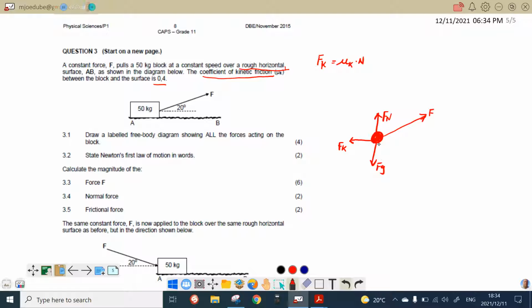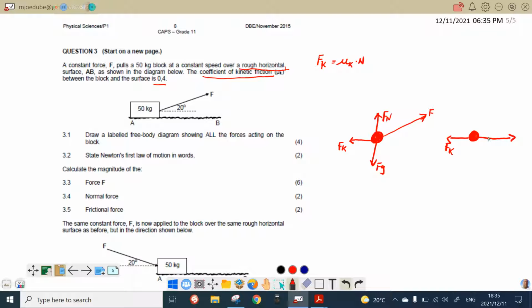It is also possible that somebody may have chosen to represent the diagram by means of components. Remember, if you choose to use the components, you cannot then give the net force together with the components. So if you choose to use the component method, you would say, there's the object, and then there is the frictional force, the kinetic friction acting in that direction, and then you've got the components that are present.